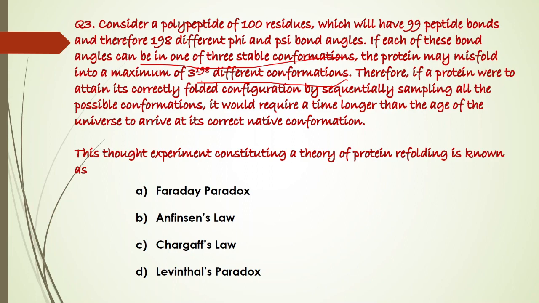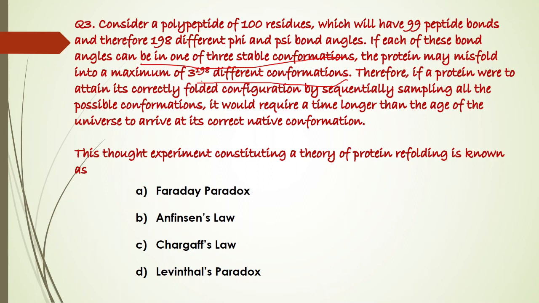If the protein followed that approach, going through each possible conformation and then selecting its native conformation, you can imagine how much longer the time would be for one protein to fold.